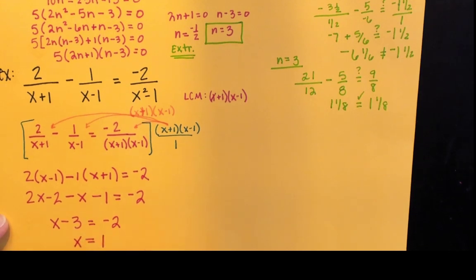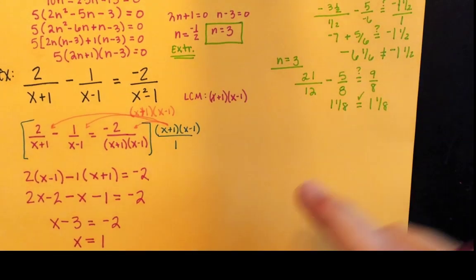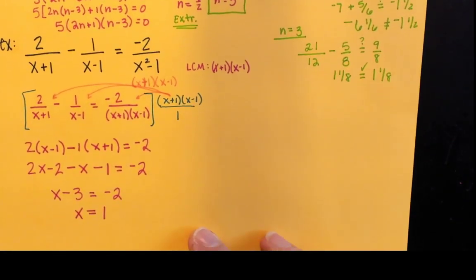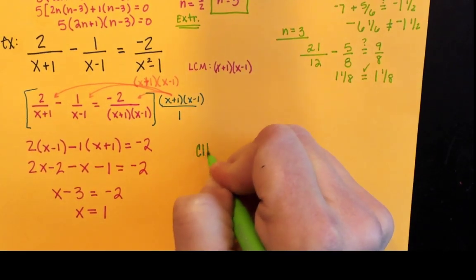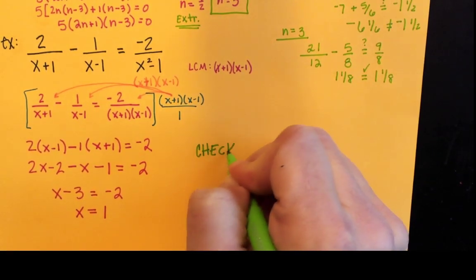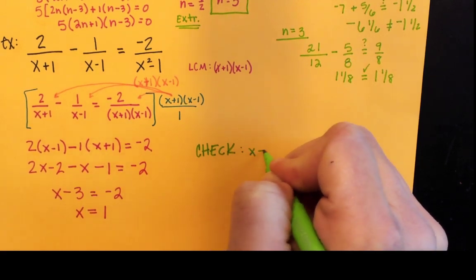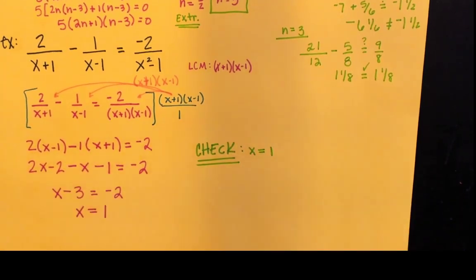X equals 1. Well, what's the problem with x equals 1? Anybody watching want to chime in and let me know what the problem with x equals 1 would be? Because here's where that check is important.